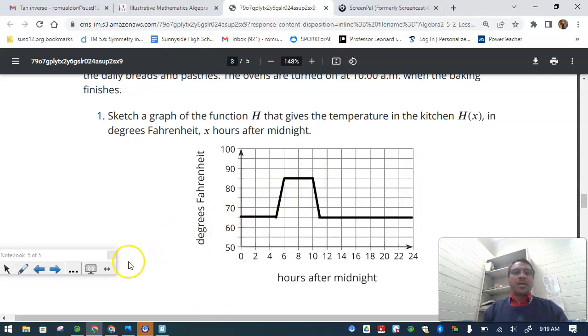Now, what's happening is the temperature is all this. If this was 5, then 2 hours before means 1 and 2. So I'll have to move this one. Let's take one at a time. This point, right here, will have to be shifted to this part.